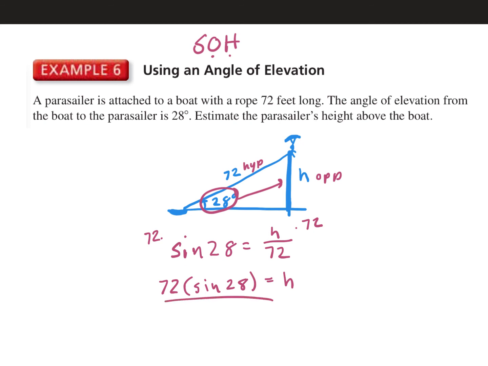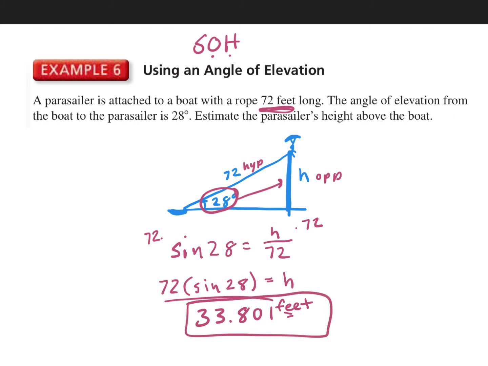And then we just put this into our calculator. So sine of 28 times 72 is 33.801. And then we're looking at feet, so this is in feet. And that's our answer.